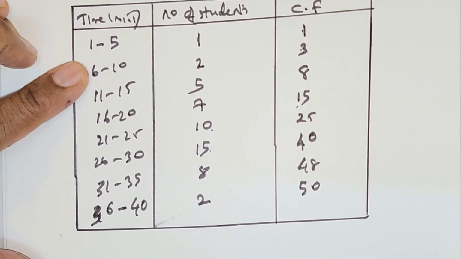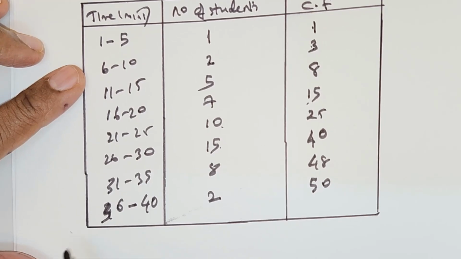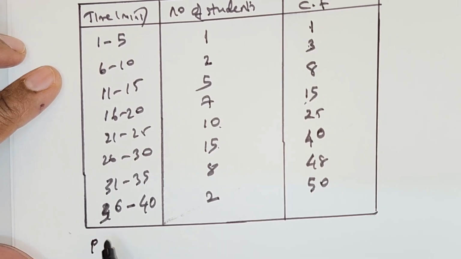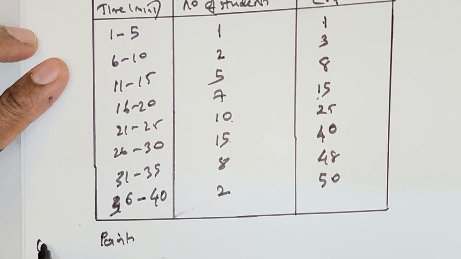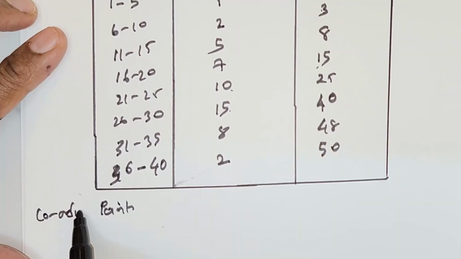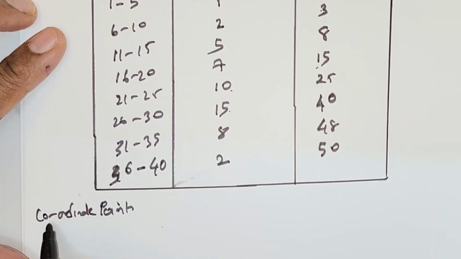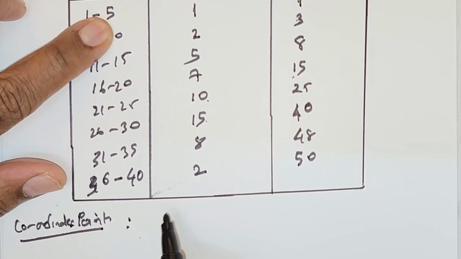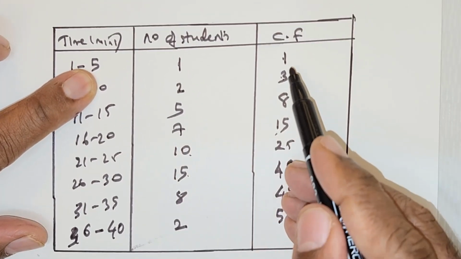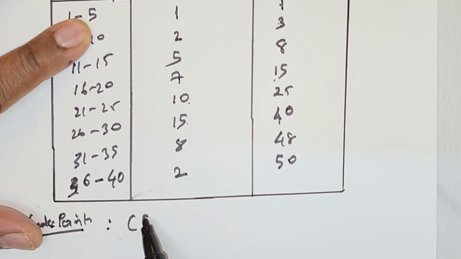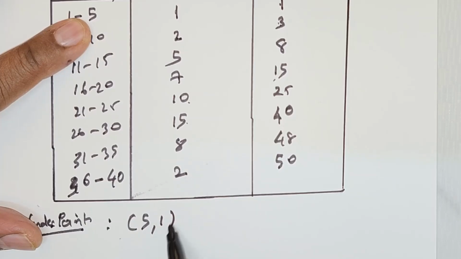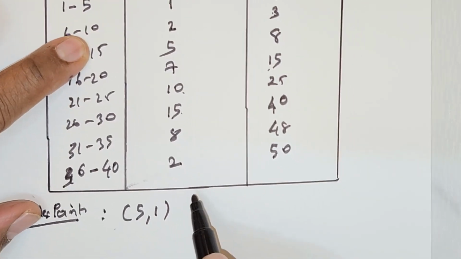Now they are asking you to draw the graph. That's the second part. Now to draw the graph, you have to have the coordinate points. See, you take this 5, you club it with the cumulative frequency. So this will be the x-axis and this will be the y-axis.